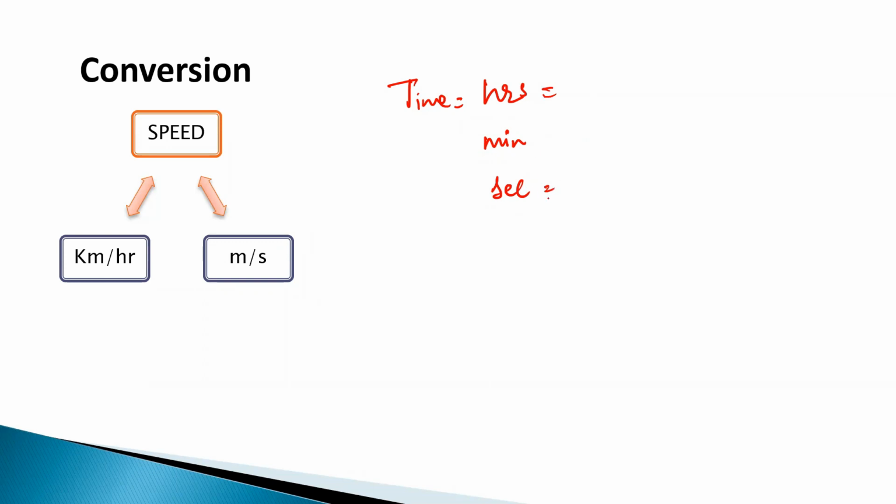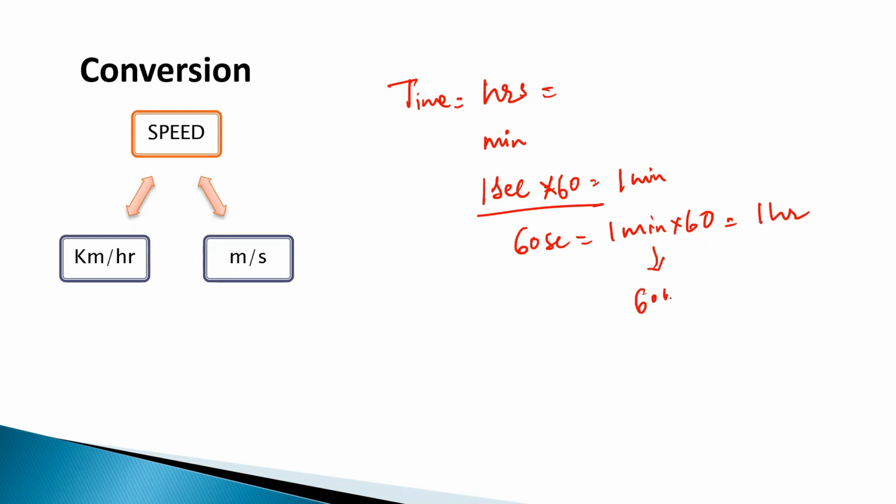For an example, if I have 1 second, so 1 second is 1 moment. If I multiply this by 60, you get 1 minute. So 60 seconds makes 1 minute. And the same way, if I multiply a minute by 60, then it makes 1 hour. So from here, I draw up an information saying that 60 minutes makes 1 hour.